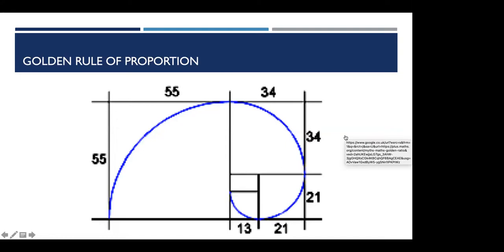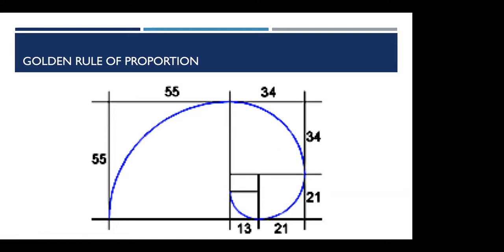So as a result, if your door is at the tip of 55, your door is here, and if your kitchen is on the 13th cube there, and if you draw a line like that, the house will then be considered golden rule compliant.